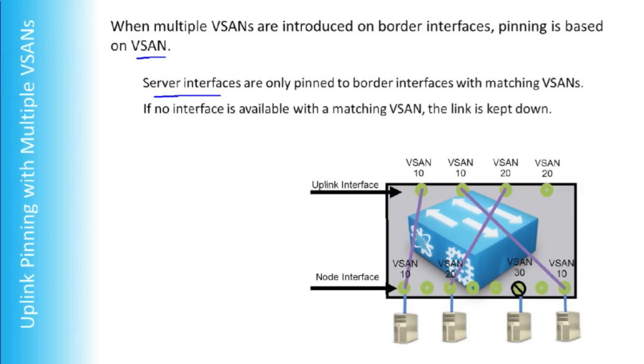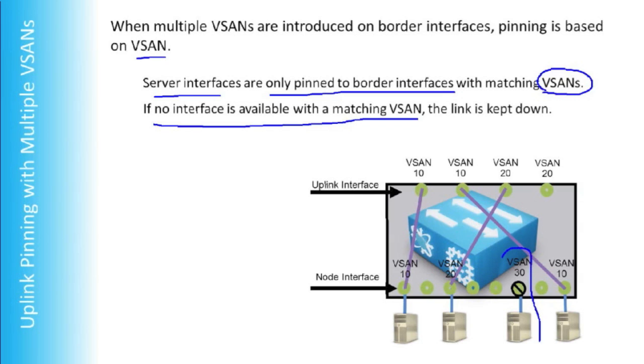Notice that server interfaces are only pinned to border interfaces with matching virtual storage area network configs. So if we don't have an interface with a matching vSAN, the link stays down. Notice this particular vSAN 30 here is not properly defined. It is not bound to a particular uplink interface, and as a result, this link stays down in the chassis.